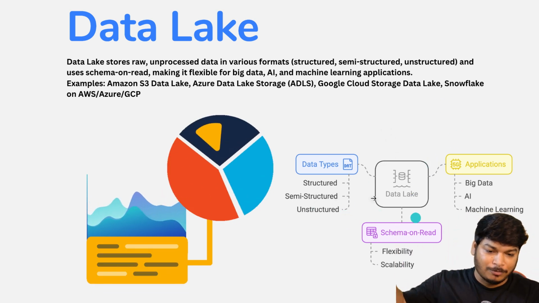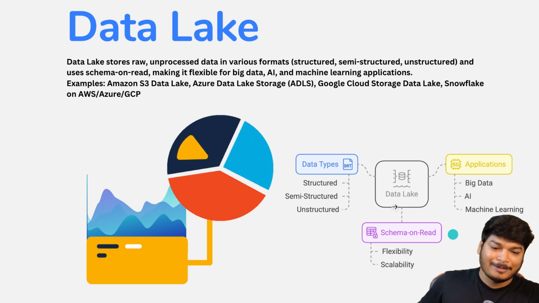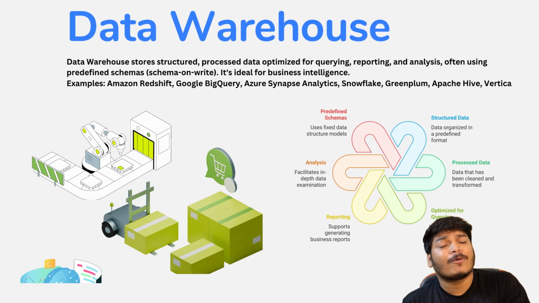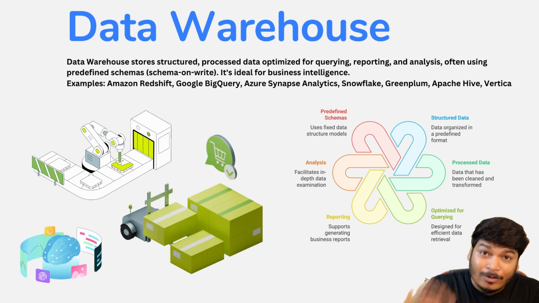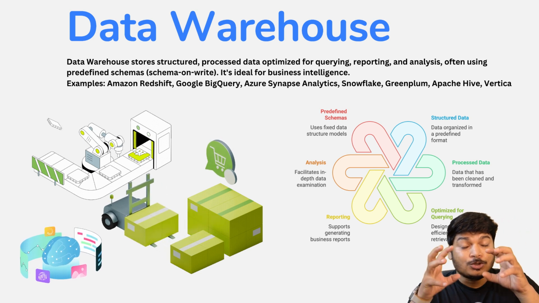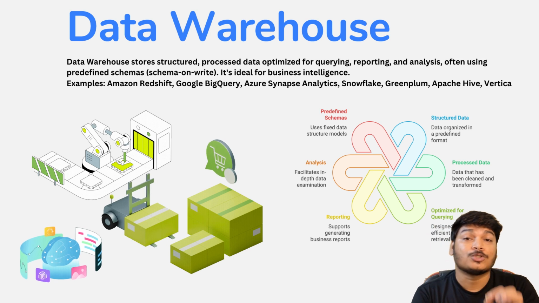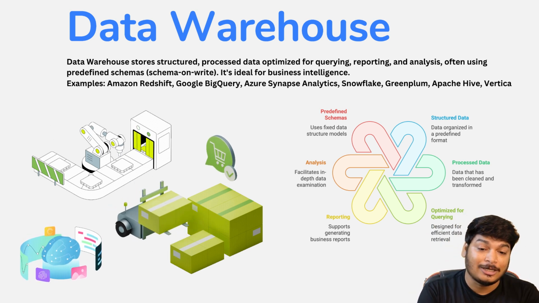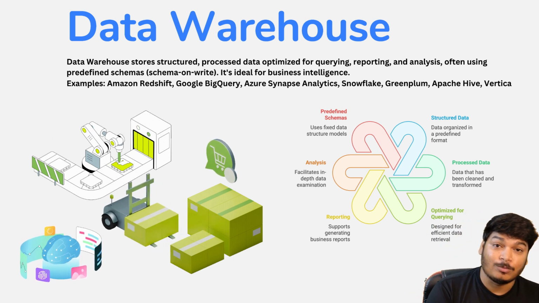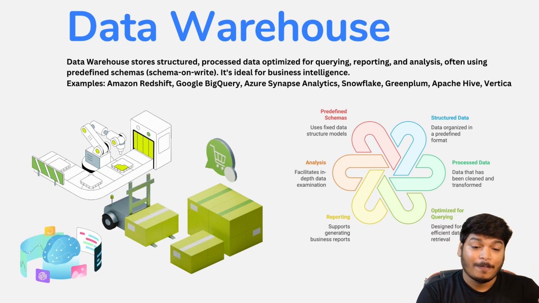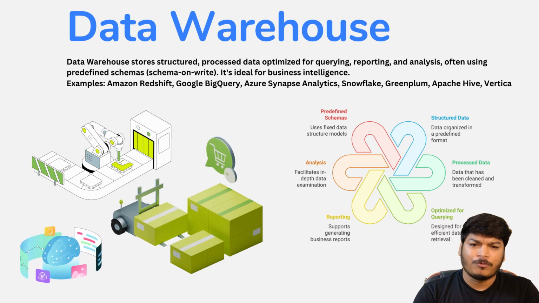Okay, as you can see from this particular diagram that I've made, it's just like that. Now what do we call the data warehouse? Now, a data warehouse is where we store the structured data only. Remember, in a data warehouse we store structured and processed data, which is the final set of data that we can utilize for AI/ML training or for other purposes.